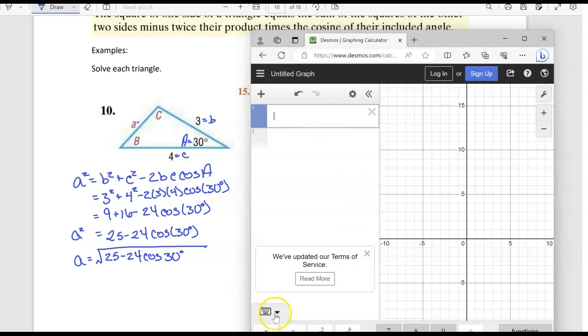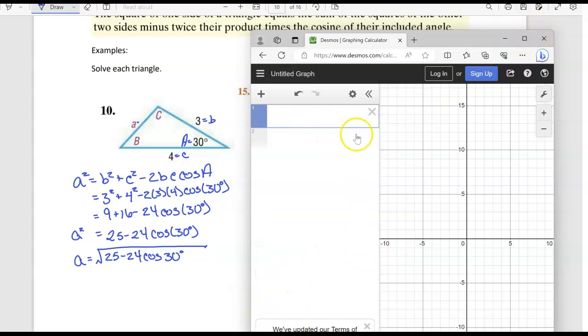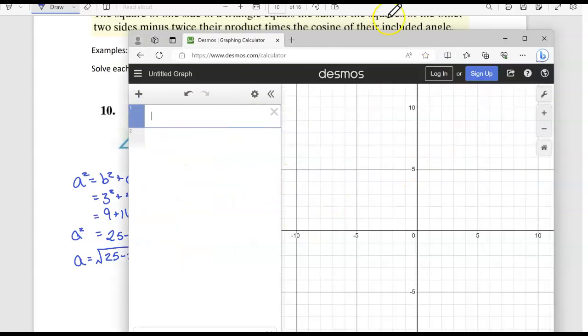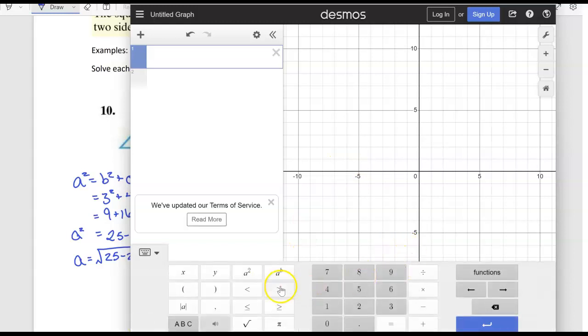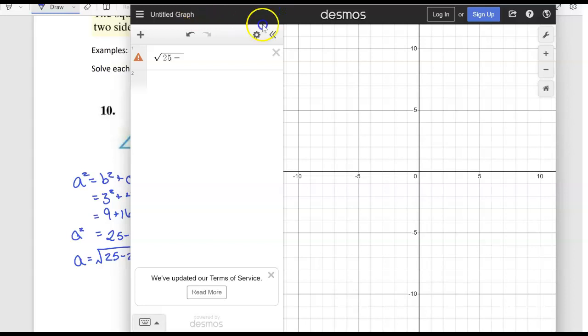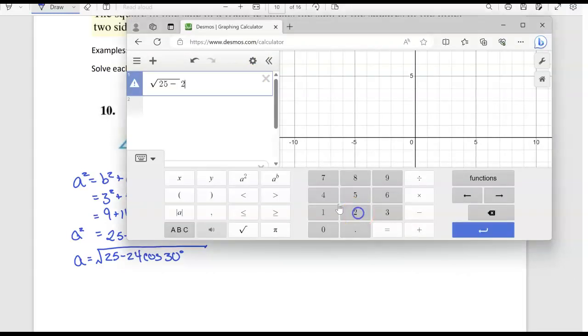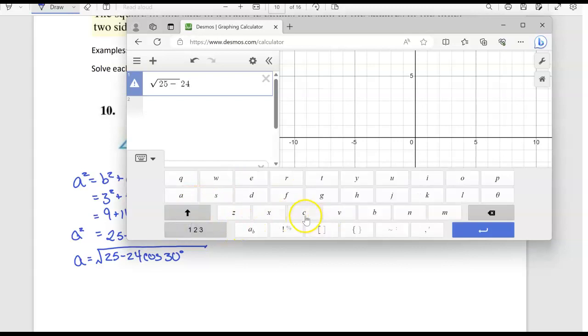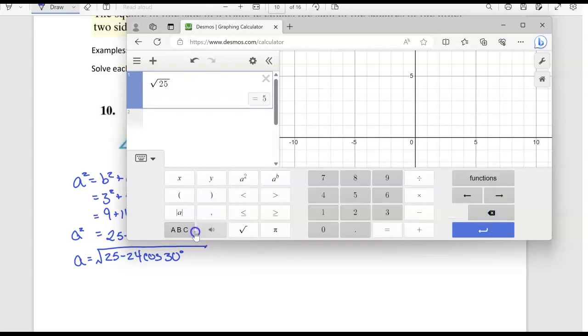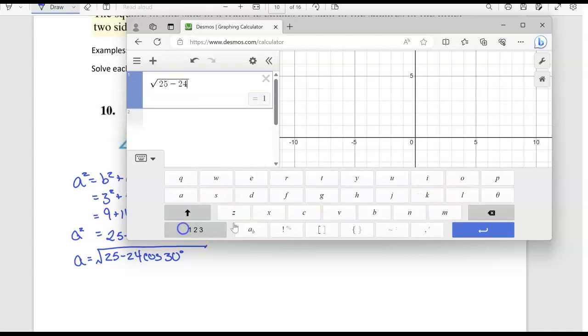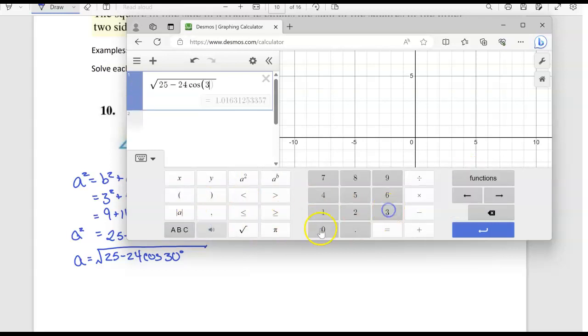So I need the square root of 25 minus 24 cosine of 30, and we need to make sure we're in degree mode.